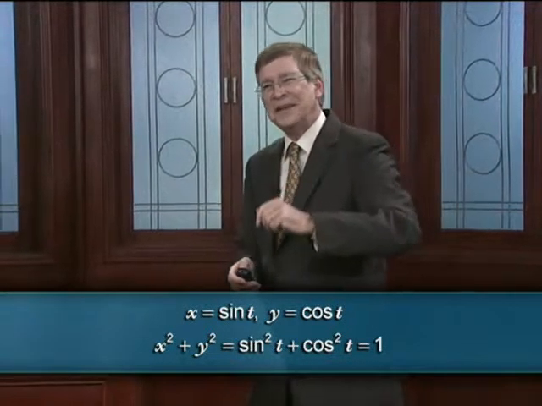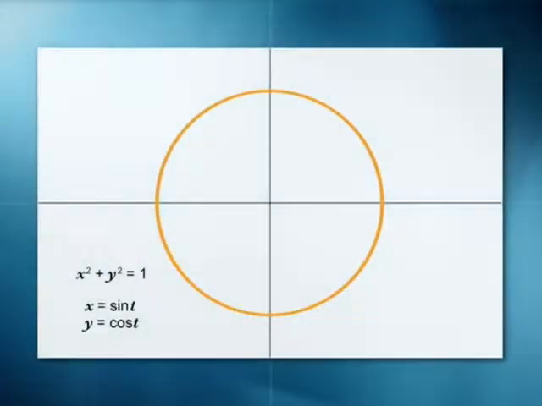What's the orientation of this circle, though? Here's a picture of it, but what's its orientation? We've lost the orientation when we eliminated the parameter, but we can check it by going back to the original equations. When t is 0, where are we on that circle? Well, when t is 0, x is 0 and y is 1. So we're up at the top.